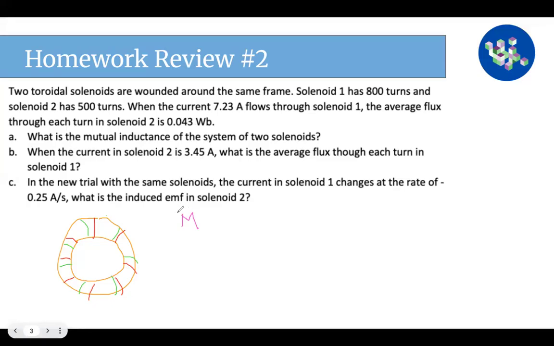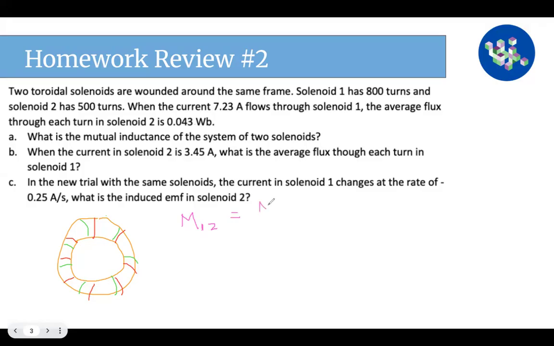That's why we call it mutual inductance. You'll find that the mutual inductance on solenoid one due to solenoid two and on solenoid two due to solenoid one are actually equal, but for now, on solenoid one due to solenoid two, we first want to find the flux due to solenoid two.